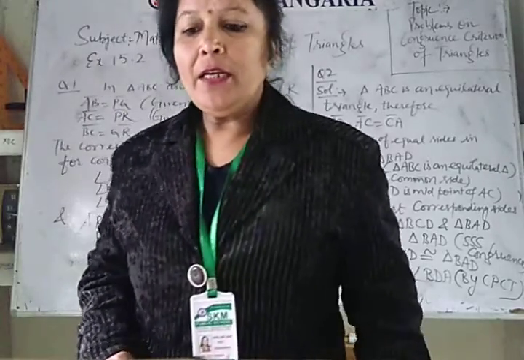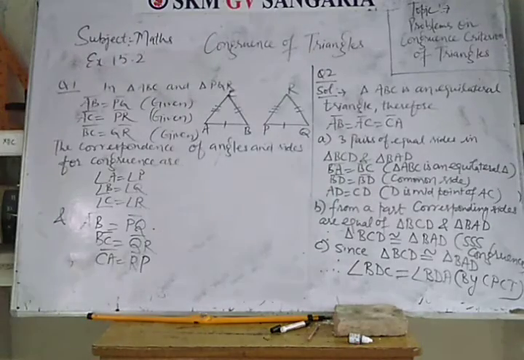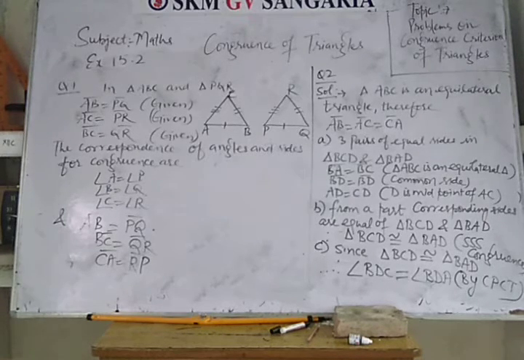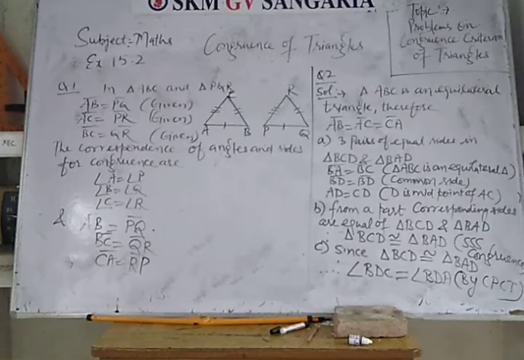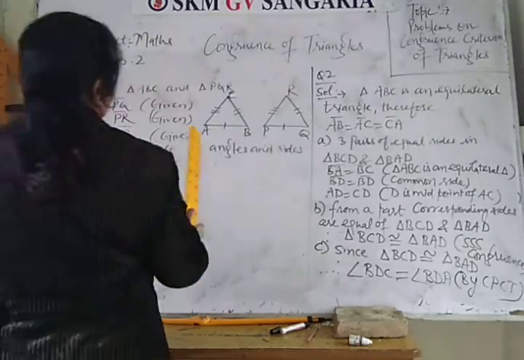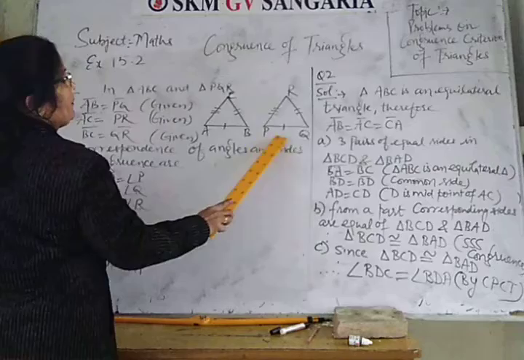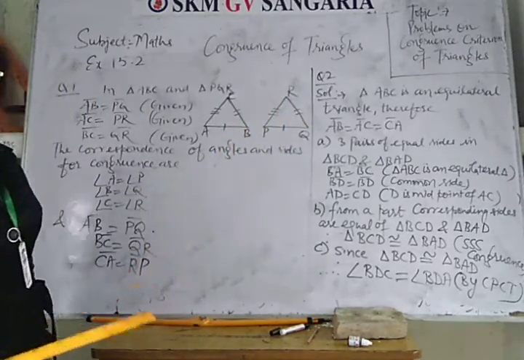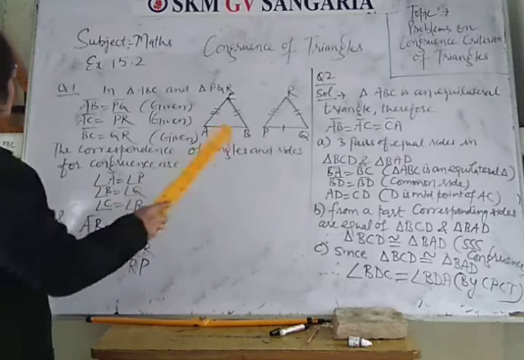Exercise 15.2. So first question is, in triangle ABC and PQR, you are given two triangles, ABC and PQR. Both triangles should be congruent, equal in size.